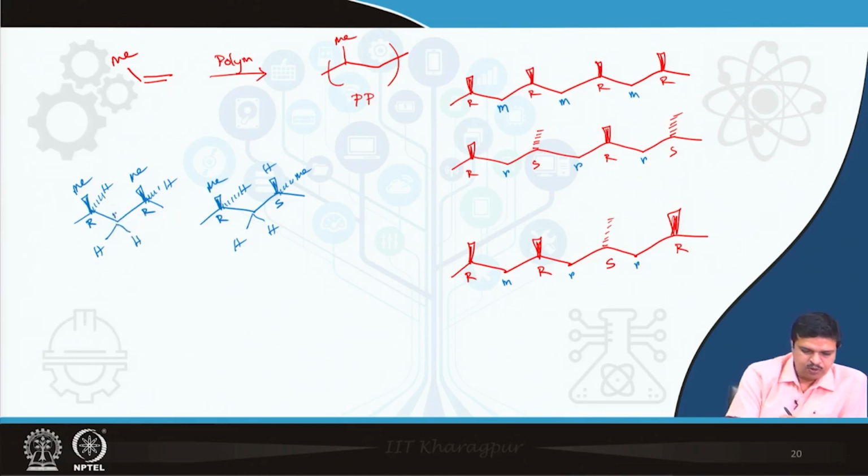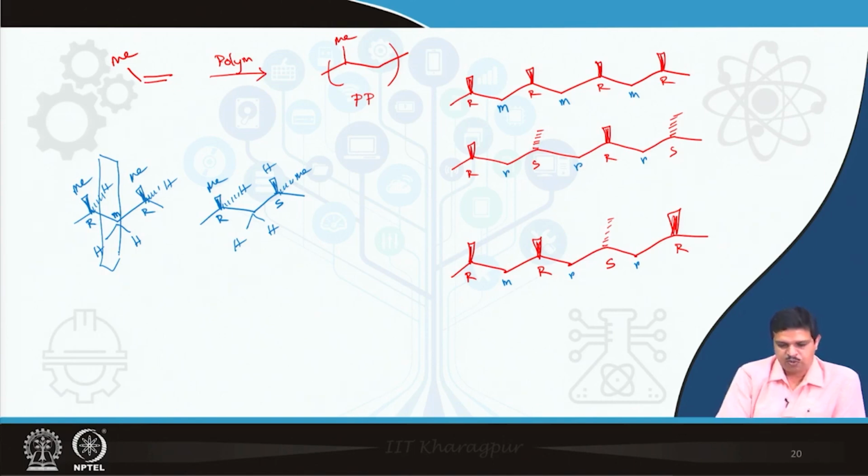Why? Because if you imagine a plane crossing this CH2, you will see that here methyl is above and H is below.